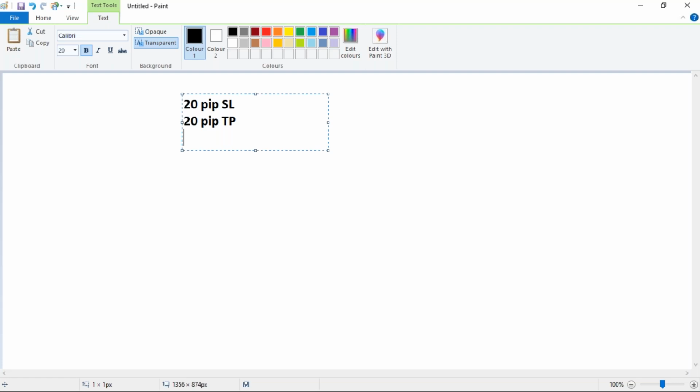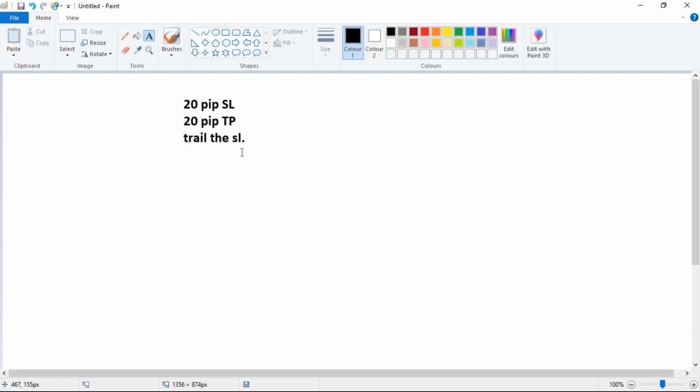We don't want anything worse than a 20 pip stop loss. So what we're going to try and do is trail the stop loss. So if we can get out at a loss, but that loss is less than 20 pips, well, that's even better for us. So that's the way we're going to be approaching it. These are our goals.